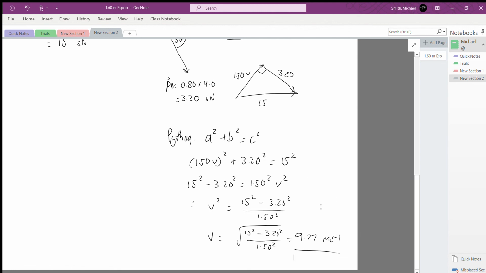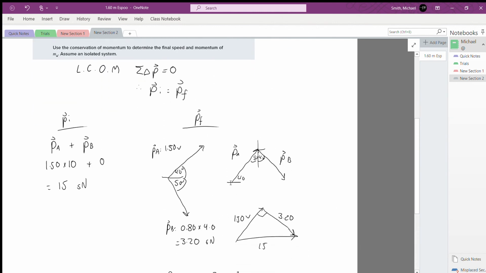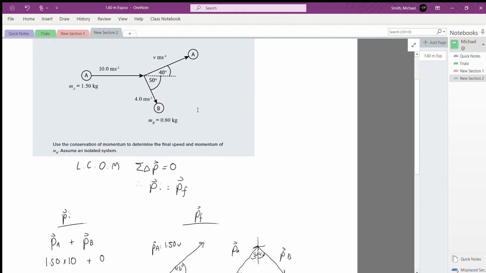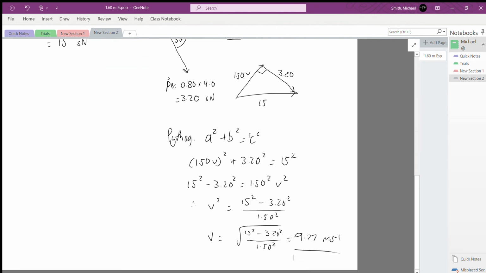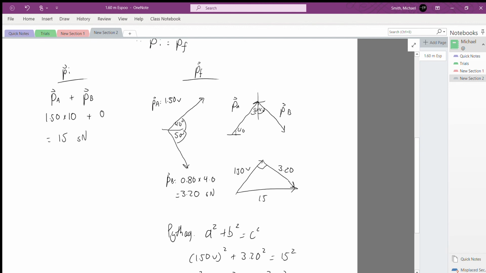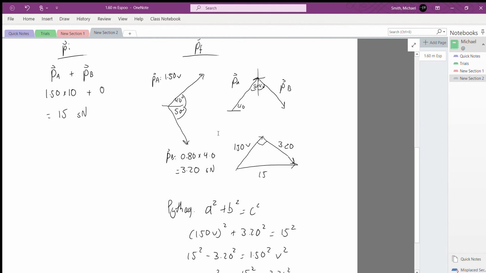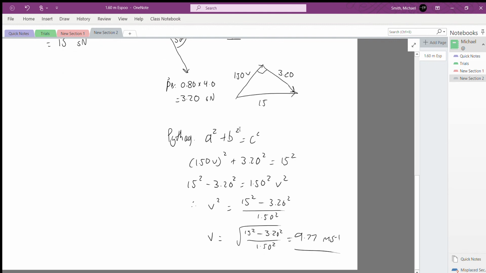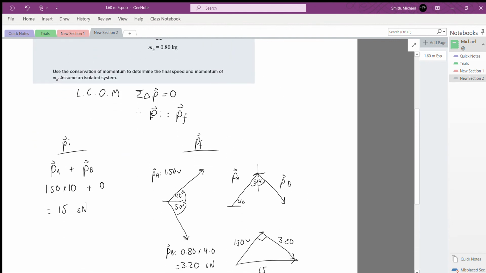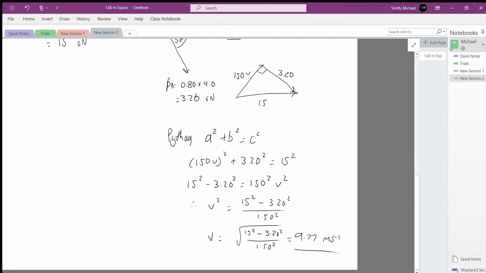So from the law of conservation of momentum and some vector addition, we've worked out the final speed v of ball A. The hard bit is doing the vector addition over here, but by now we've probably done a few of those, so it should be okay. The final part of the question is for us to work out the final momentum of ball A. Here, I think we'll just work out the magnitude.